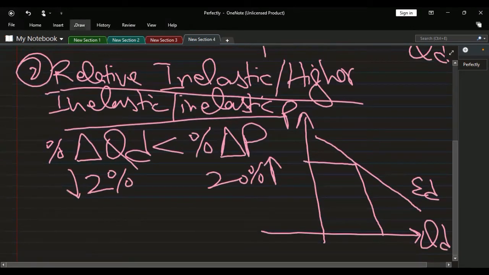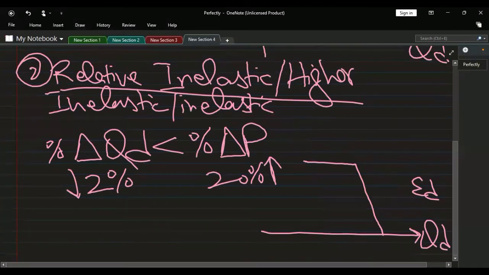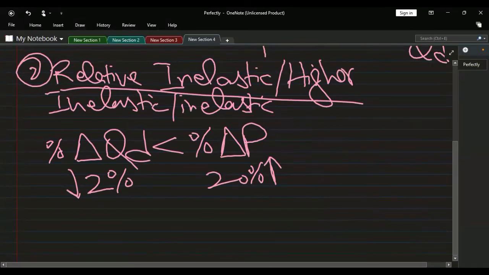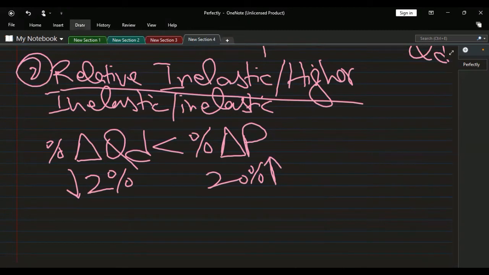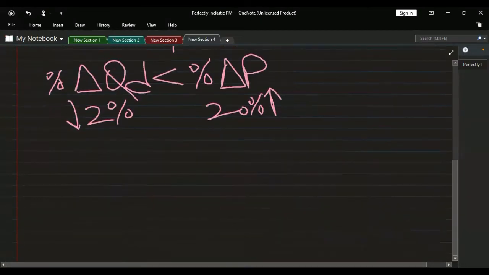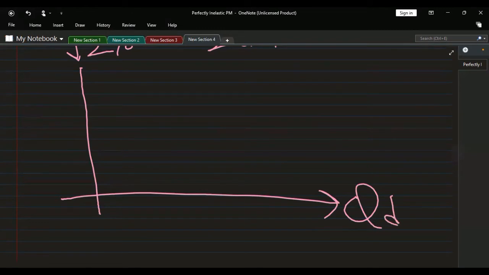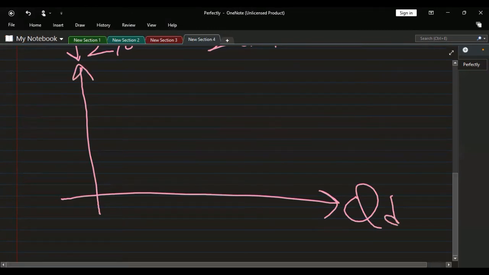We can prepare this diagram on a wider place so it can be explained to you in a better way. I am making it here so you can easily see the change in quantity as compared to prices.